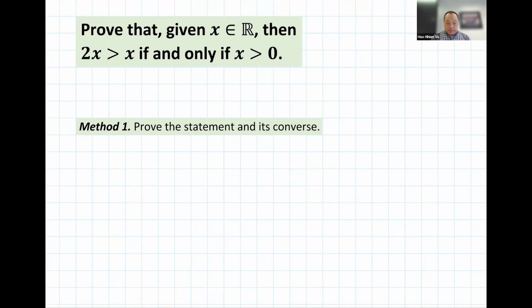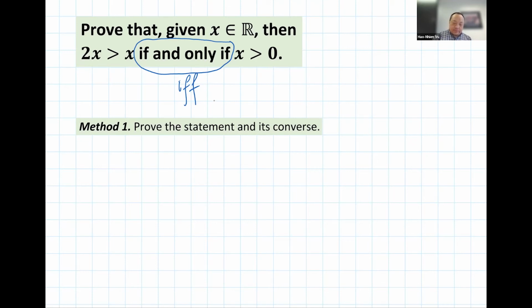Right, let's prove this. But before I prove, I want to mention that this phrase here, if and only if, is often abbreviated as IFF, with a double F. So when you see IFF, you know it stands for if and only if.